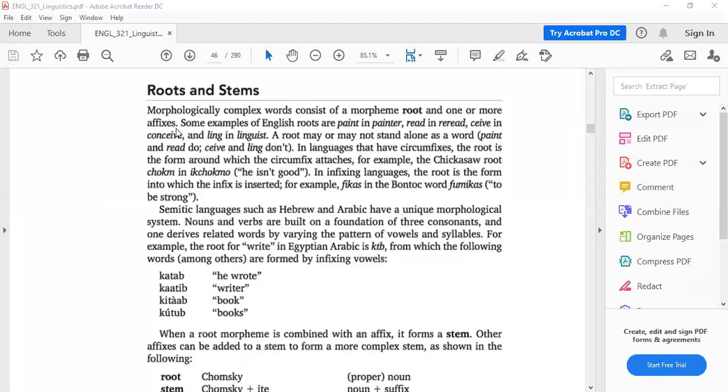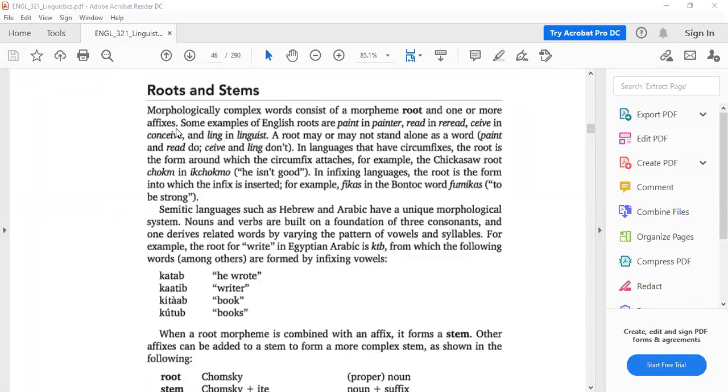In the case of infixes, the root is the form into which the infix is inserted. Like we say fikas and fumikas. So we take um, and then the rest will be the root.